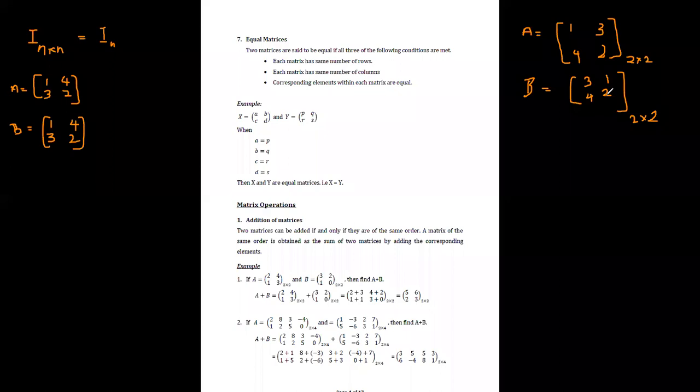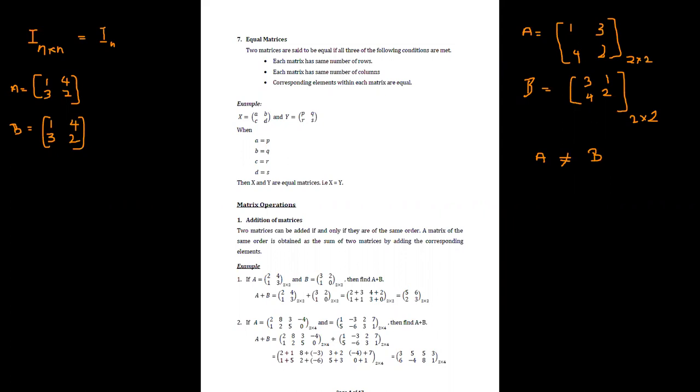That is why we need to check not only the elements, but their order as well. That is what is meant by the corresponding element. Even though we see equal elements inside these two matrices, we cannot say that these are equal matrices. Simply, matrix A is not equal to matrix B.